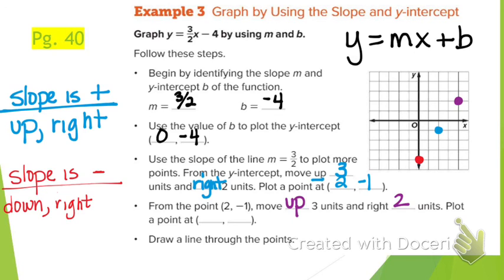So now I have 3 points. What is the ordered pair for this last point that I graphed? 4, 2. So your last step is to draw a line that goes through those 3 points.